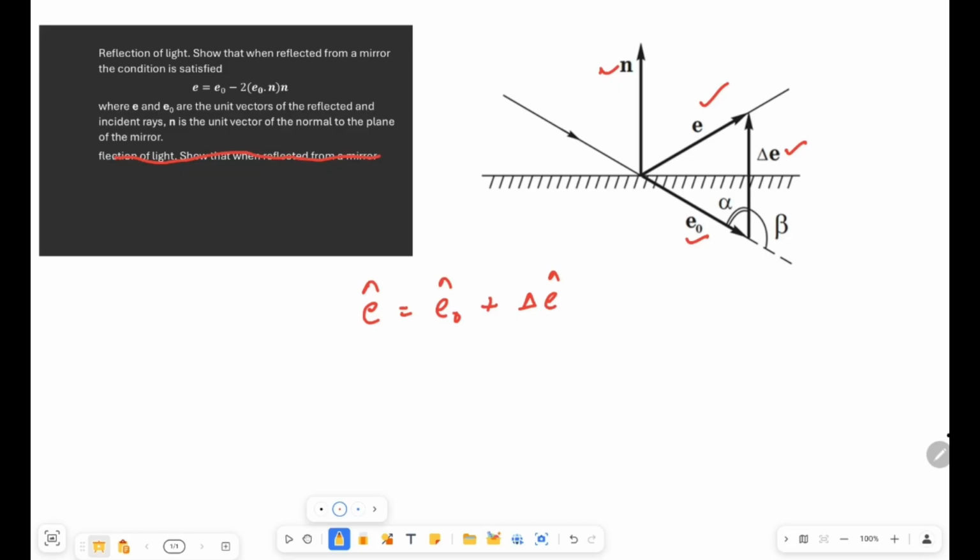And so if you try to find the magnitude or modulus of delta E, I don't know whether this vector is a unit vector or not, because these two are unit vectors, but I simply write it as delta E vector.